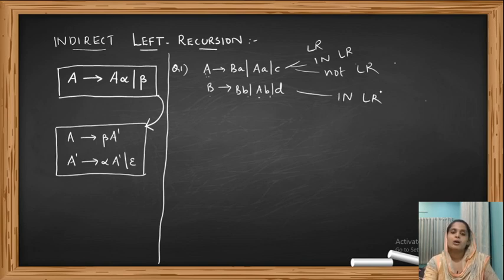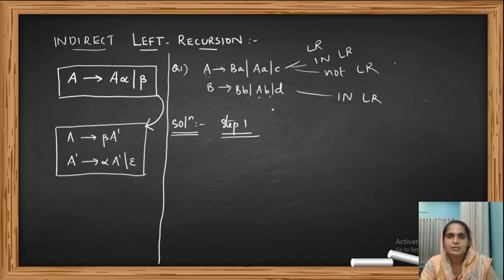So how do we eliminate this indirect left recursion? For that, there are three steps. Step 1: we consider the first production and eliminate the direct left recursion from it. Please note, it is direct left recursion, not indirect. Even if the first production contains indirect left recursion, we ignore it and eliminate only the direct left recursion from that production.